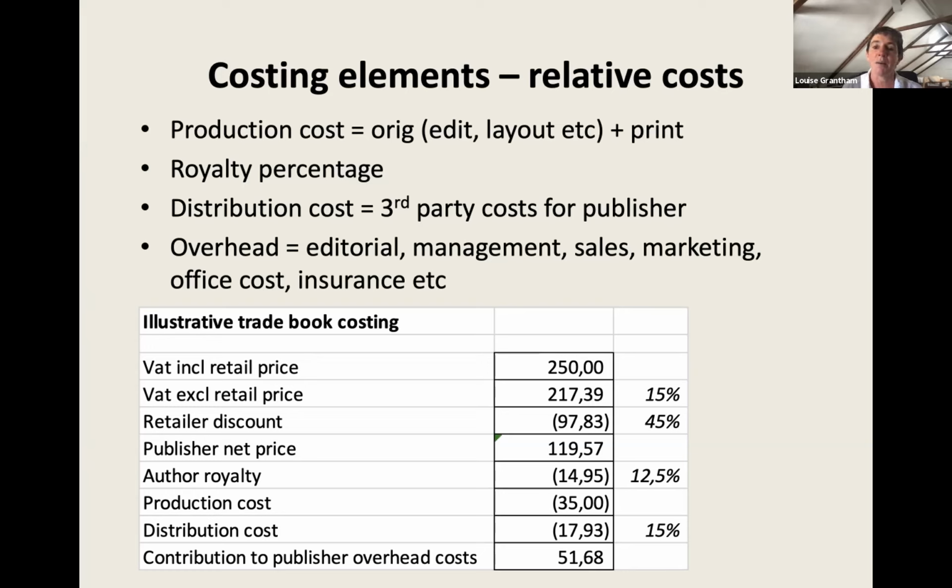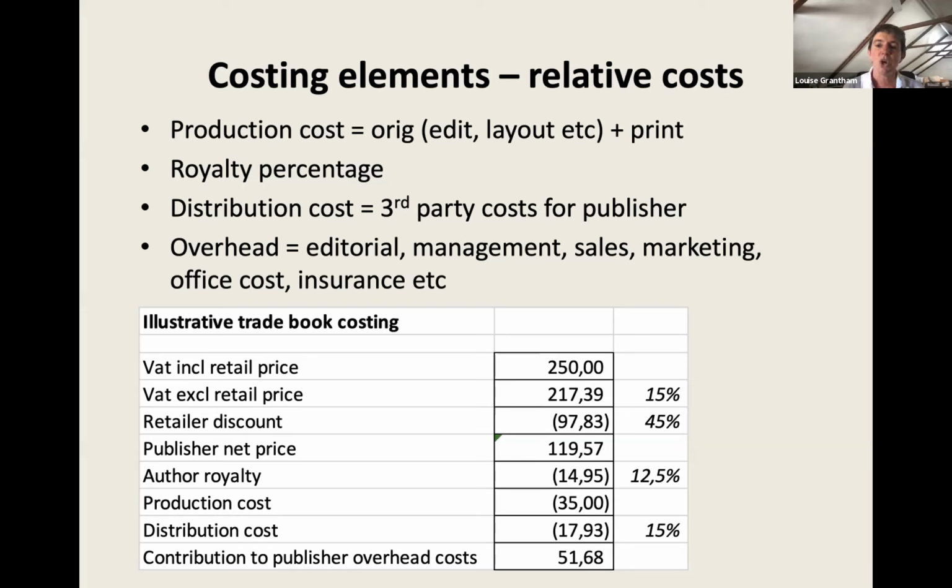So if Melvin buys this book from Bookstorm, we may give Melvin, and it's a variable cost, so it's not set in stone, or the Competition Commission would have words to say with us, or more than words probably. But let's say that we offer a retailer a discount off the recommended retail price of 45%.